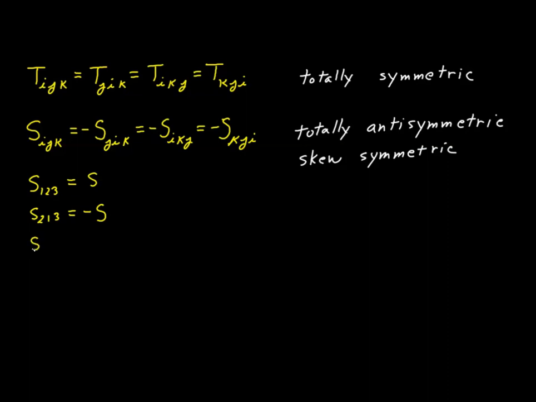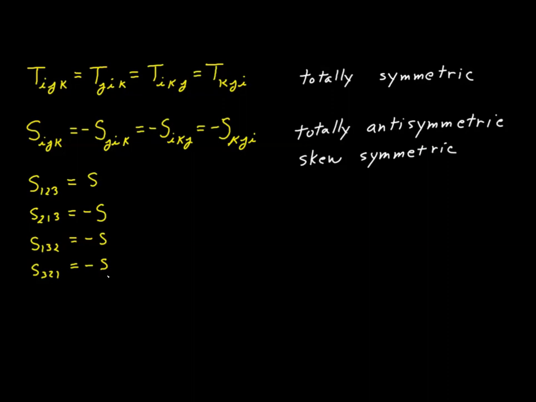That gives us S132. Well, that's also got to be negative S. And now let's flip 1 and 3. We'd have S321, and that equals negative S. So here are the three ways that we can flip the indexes once, and they all produce a negative S.